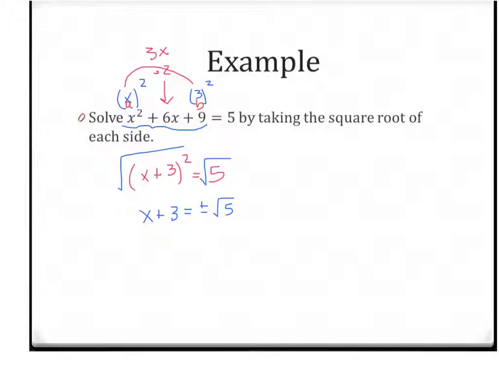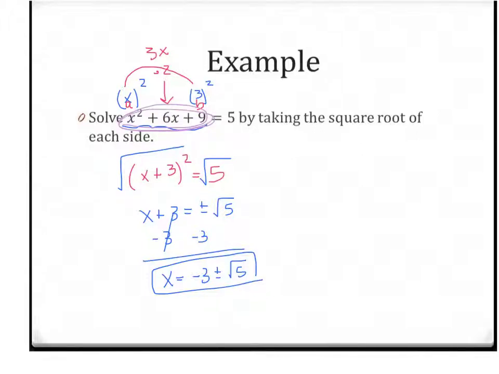I want x by itself, so I'm going to subtract 3: negative 3 plus or minus the square root of 5. This was a perfect square trinomial to be able to factor into this. If you have a perfect square trinomial, this works out really nicely.